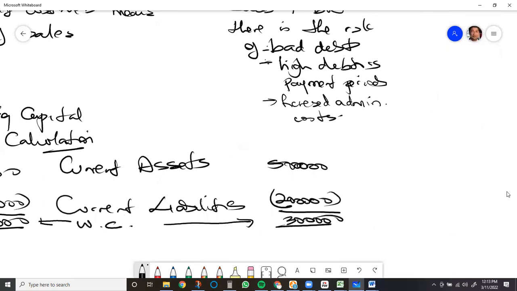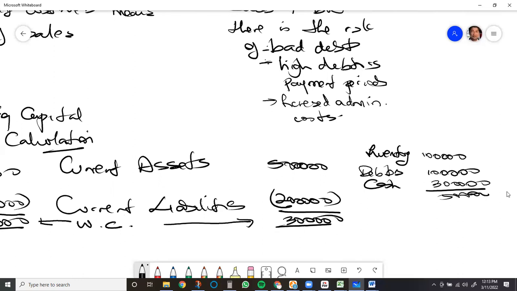So now we've got inventory, say 100, and debtors 100, and cash, the balance, which is 300.